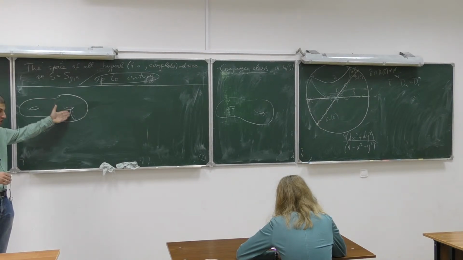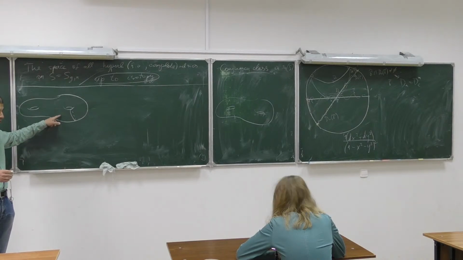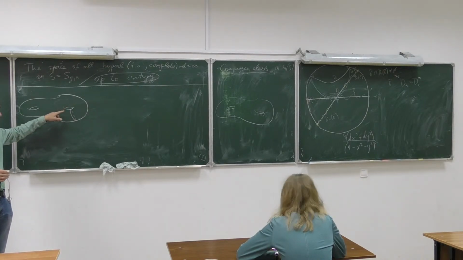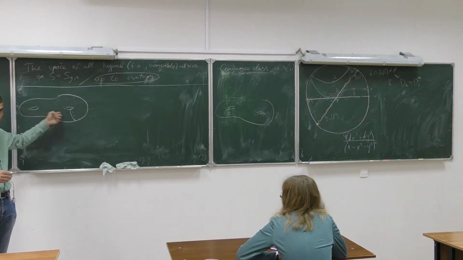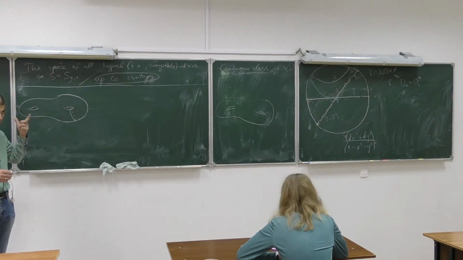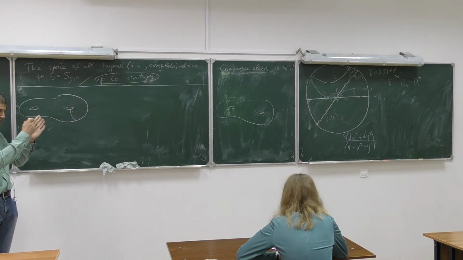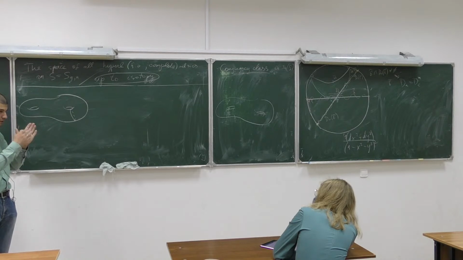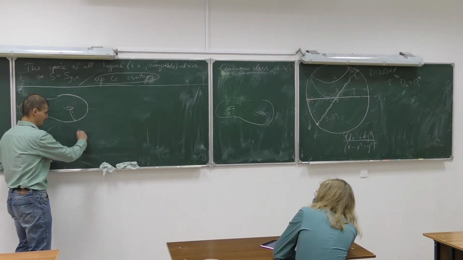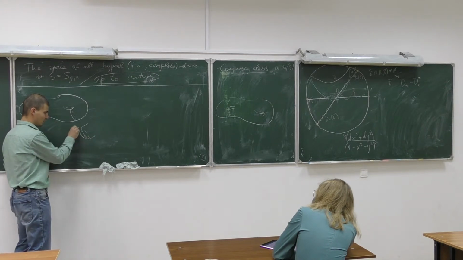We may just delete this curve and obtain a non-compact surface, which is homeomorphic, in this case, to a genus 1 surface with two punctures. This is the first possibility. The second possibility, we may duplicate this boundary circle and obtain a surface with two boundary components.